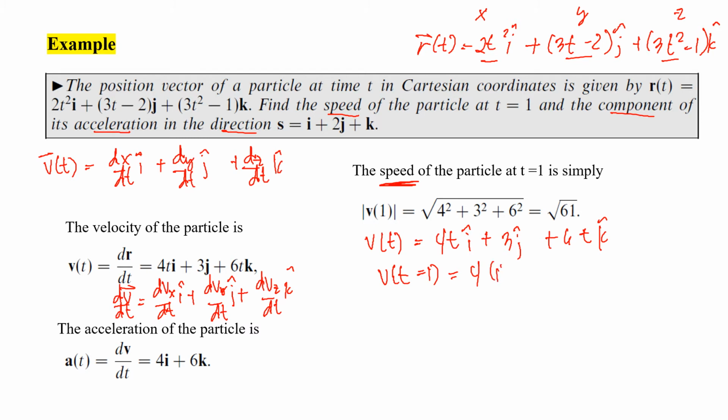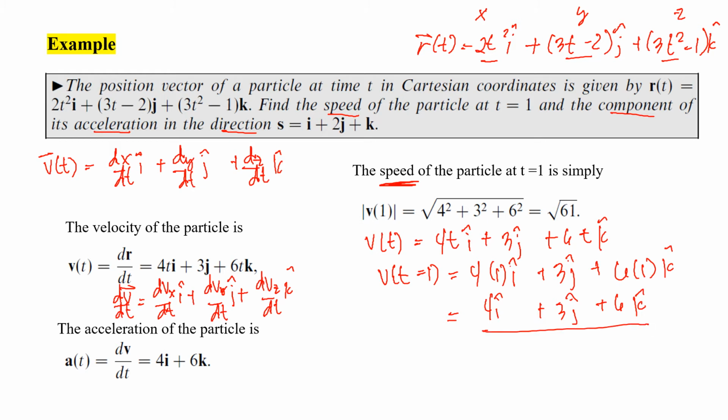So you have 4 times 1 i hat plus 3 j hat plus 6 times 1 k hat, so you have 4 i hat plus 3j hat plus 6k hat. And since you're asked for the speed, we get the magnitude of this vector. The magnitude is equal to the square root of 4 squared plus 3 squared plus 6 squared, which is the square root of 61. So that is the speed of the particle at time equals 1. And let me just erase this one.